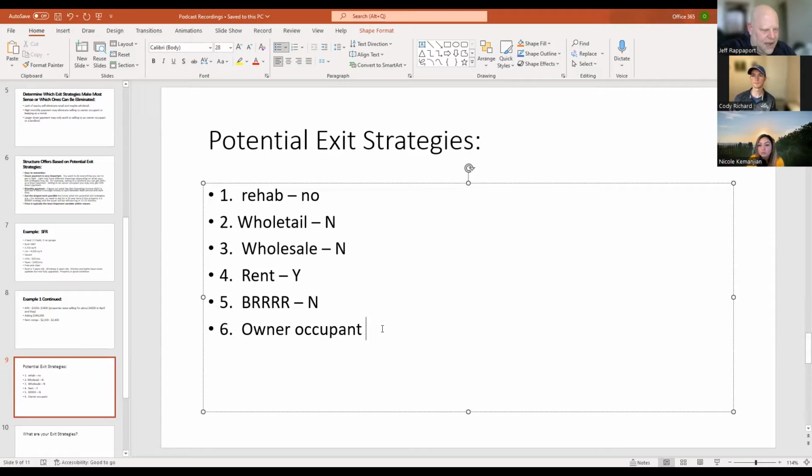Then I go find the owner occupant and I just pass on all the terms, and I increase the down payment and I increase the price. I get paid. I'm done. What do you think, Nicole? Yes or no? For sure. Yes. Okay. So basically, we start with these two, right? It's either a rental in some way or another, or we're dealing with an owner occupant in some way or another. Okay.